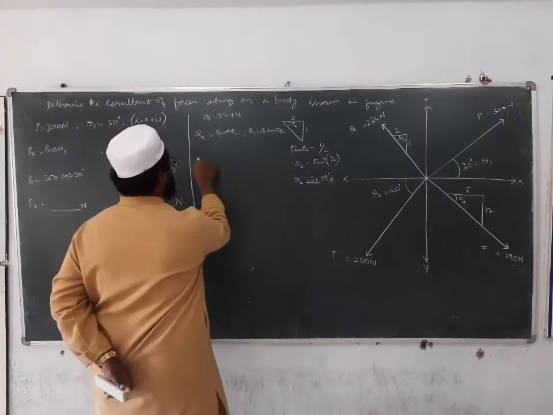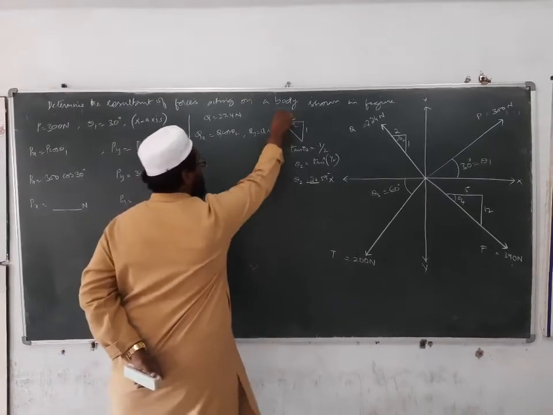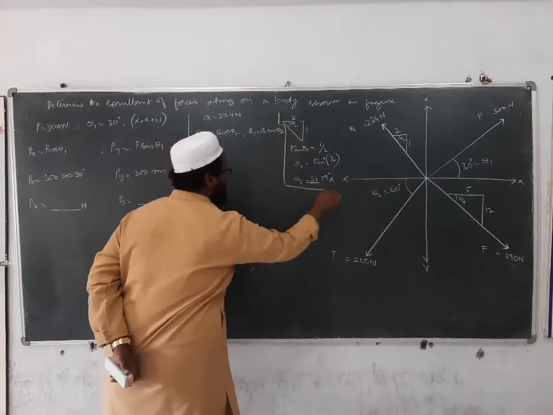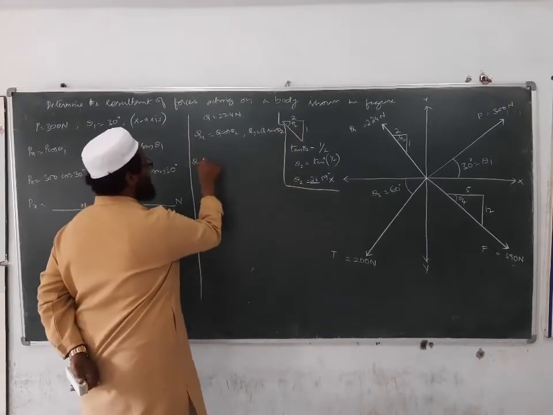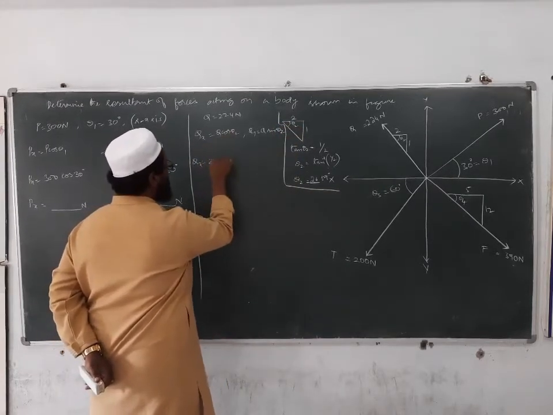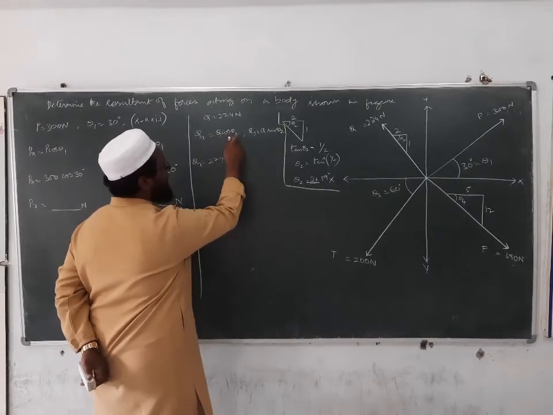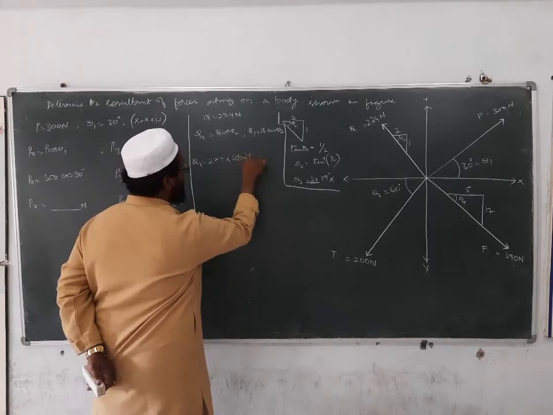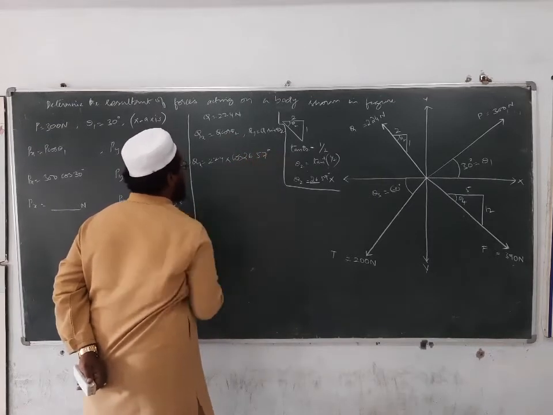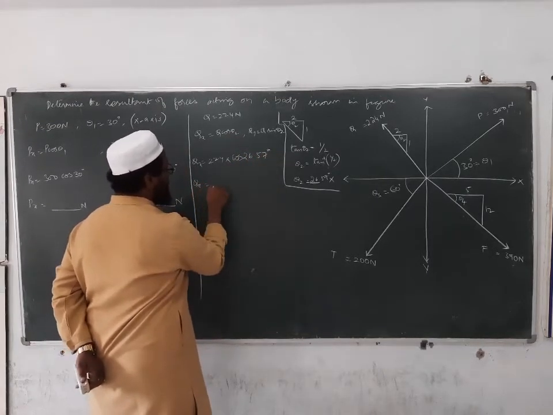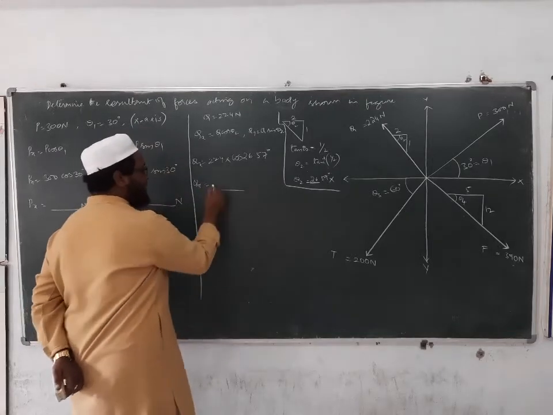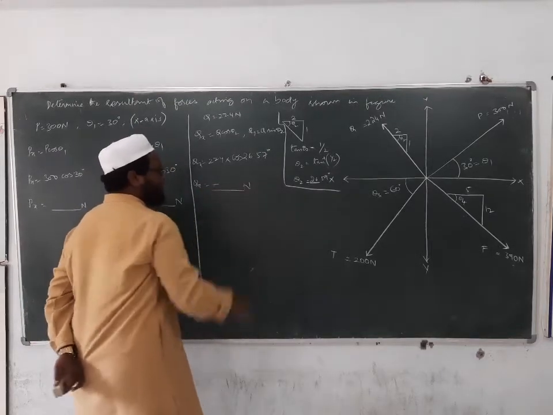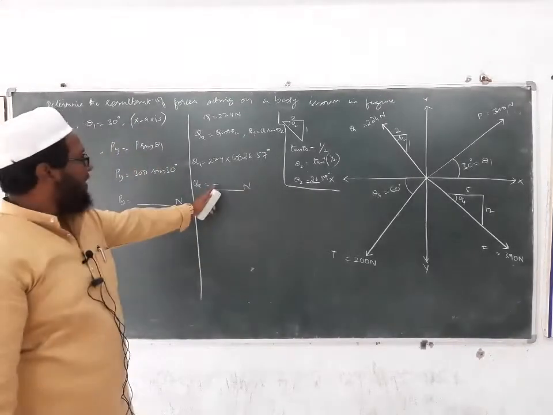Now this part is different. So Qx is equal to, Q is 224 into cos theta 2. What is cos theta 2? Cos 26.57 degrees. So Qx is equal to, you will get some value but in negative sign, isn't it? Alright, Qx you will get in negative sign.